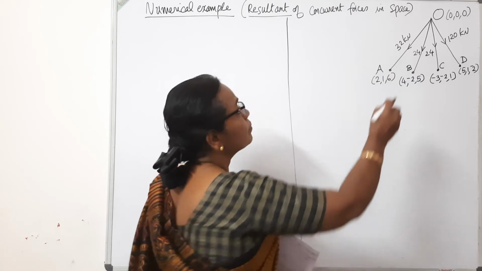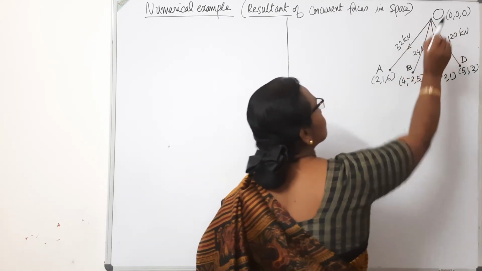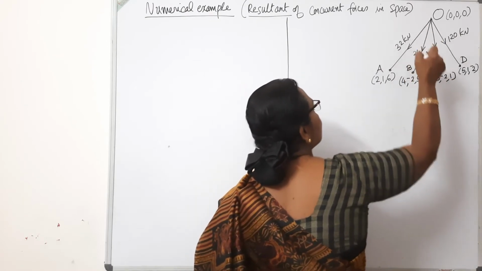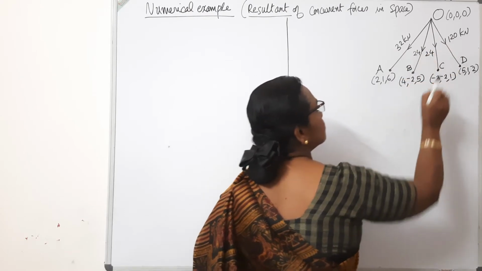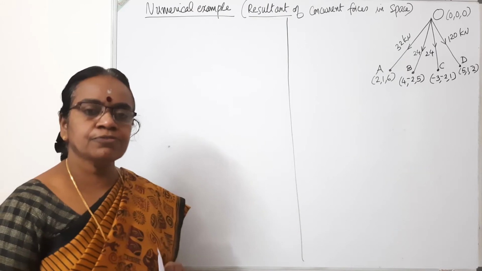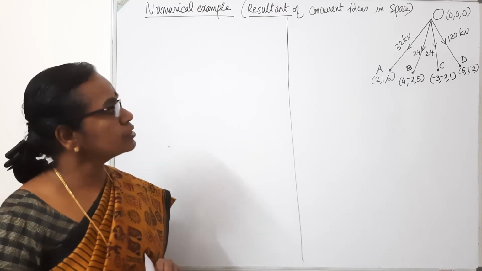So it is shown here. A number of forces are passing through this origin (0, 0, 0): A, B, C, D. The directions of each of these forces 32, 24 are given. The coordinates of points A, B, C, D are also given. You are asked to find the resultant of this force system. So what is the first step?